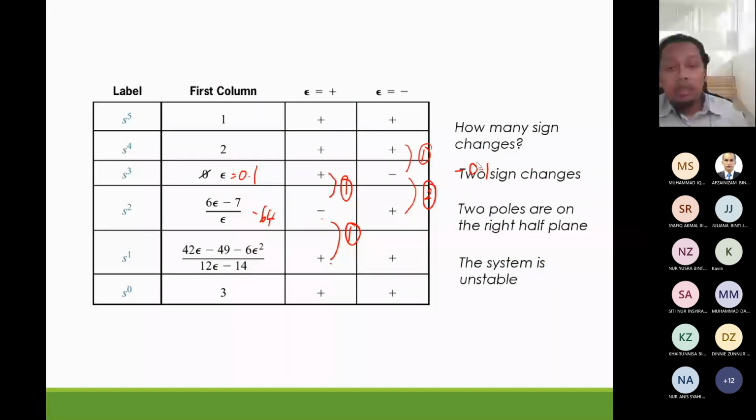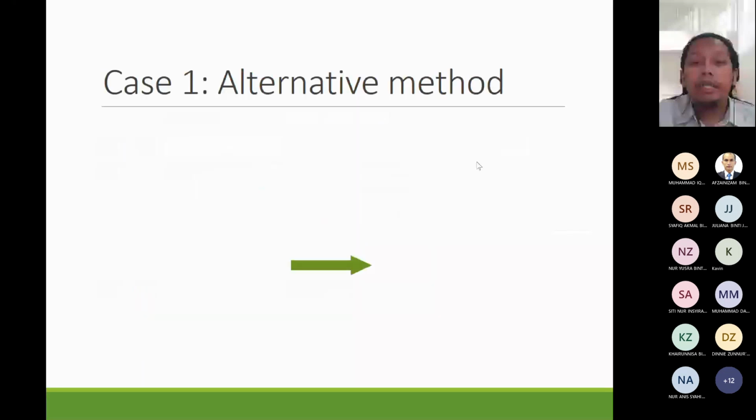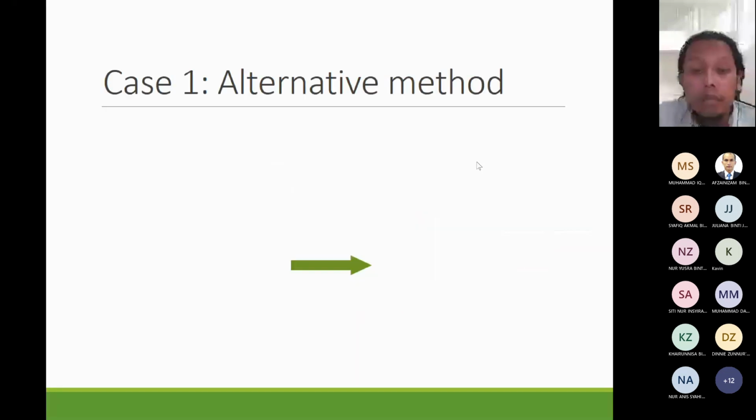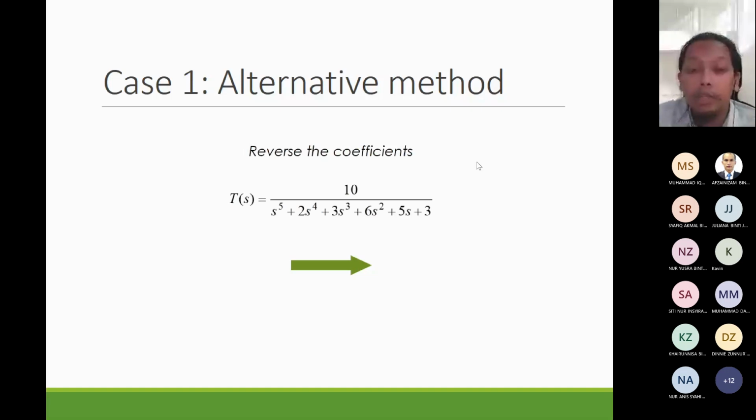But it's a bit tedious to use the epsilon symbol and assume it's positive, negative, and so on. So there is another alternative way to avoid using epsilon. To do this, we need to reverse the coefficients of the transfer function.